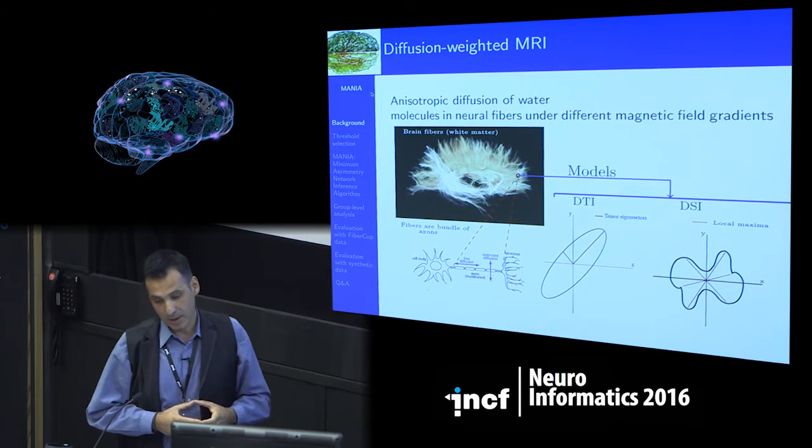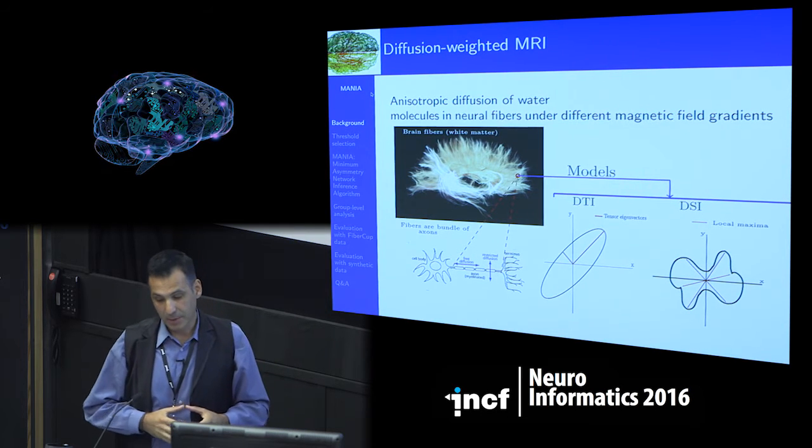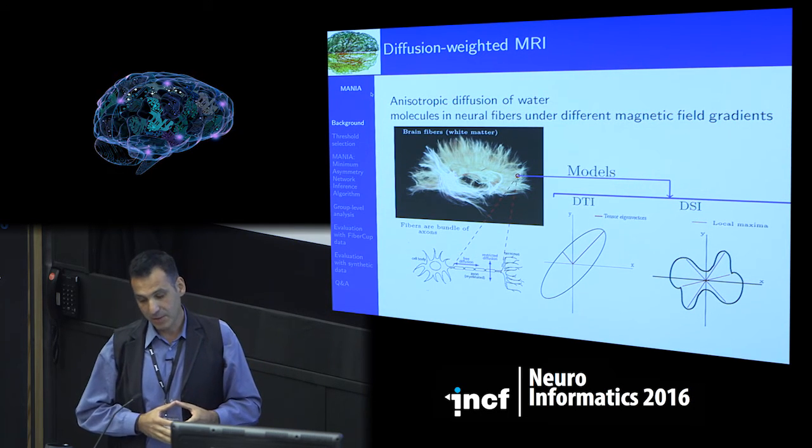So most of this network analysis, when we talk about structural networks, is done using diffusion-weighted MRI. And just to remind you, I hope everybody already knows this, diffusion-weighted MRI is based on the fact that water molecules go through anisotropic diffusion when they are in fibers under different magnetic field gradients.